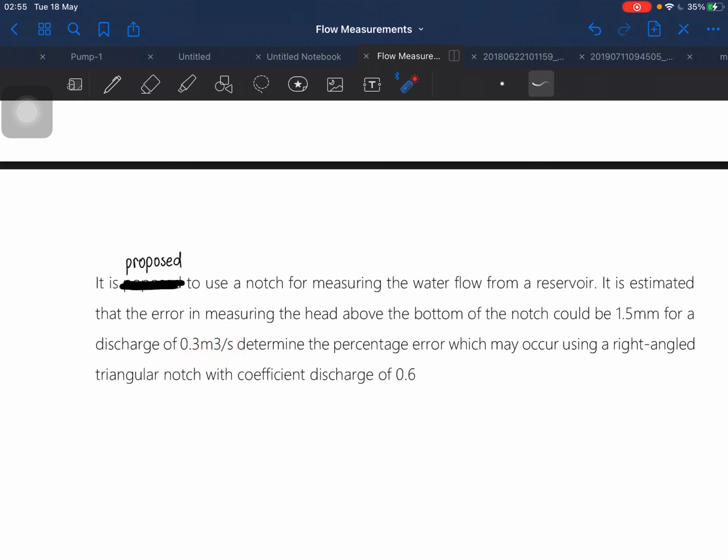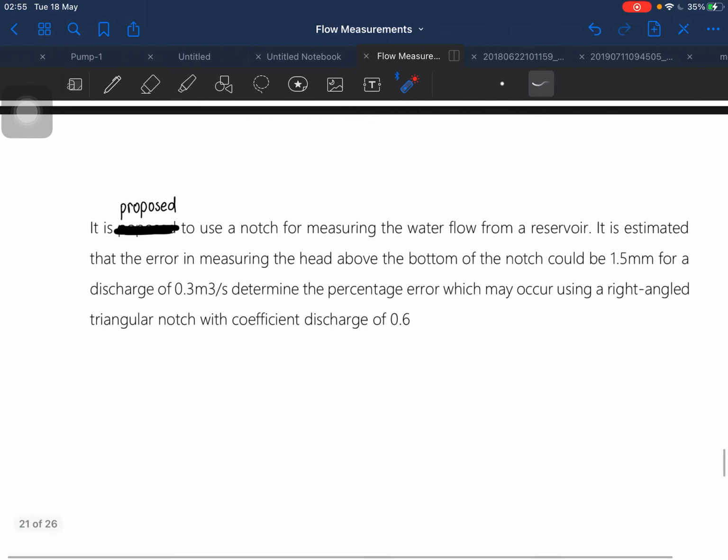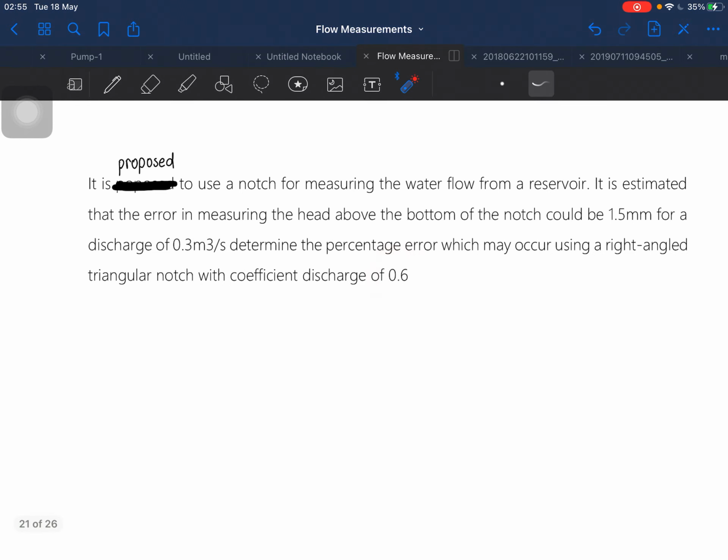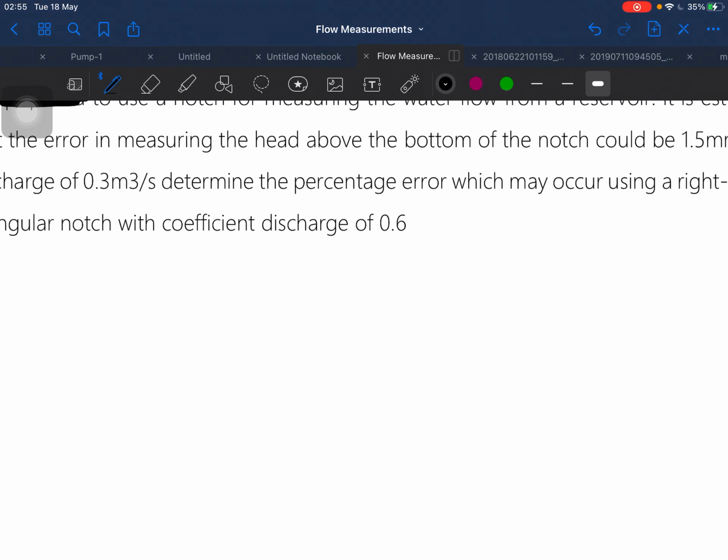So determine the percentage error which may occur using a right angle triangular notch with the coefficient of discharge of 0.6. So I think the time is still good for us to draw.